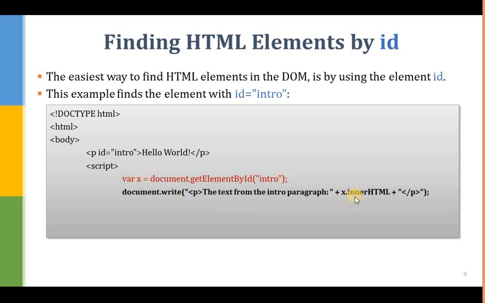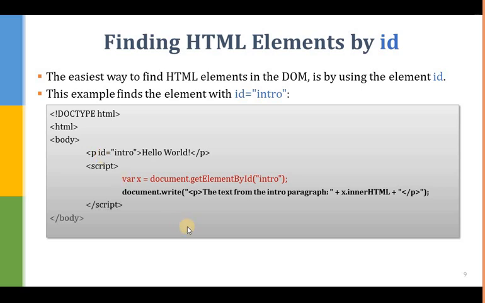Now if I want to access the data of my paragraph tag, then you just need to call x.innerHTML. This will print out whatever content is there in your x object, which is indirectly the p element's content.